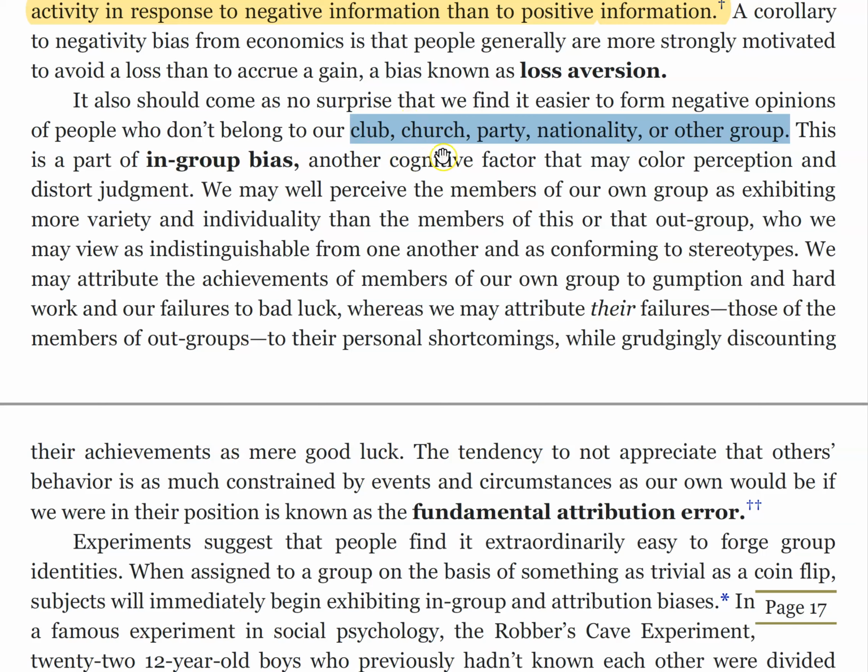Maybe you really trust your fellow church members. Maybe you trust your political party members more than somebody from a different political party. Some of us will feel kind of kinship or natural trust for people who are the same nationality as we are, right? I know we hear it in the media all the time, like, we're all Americans.